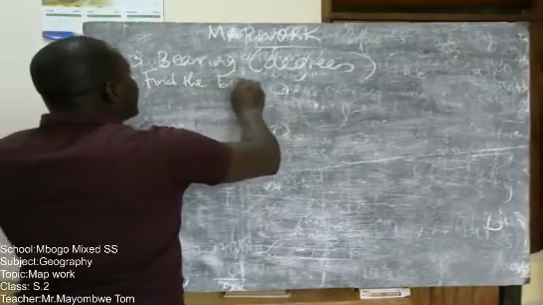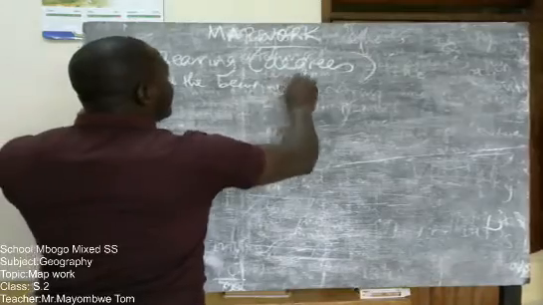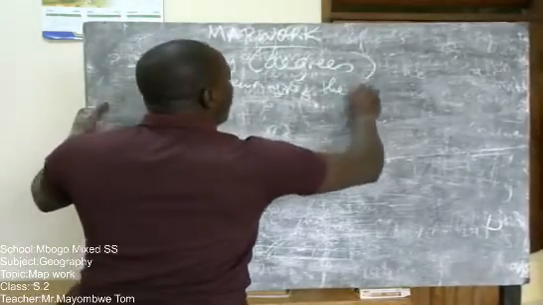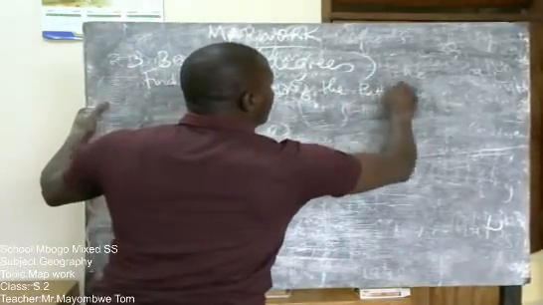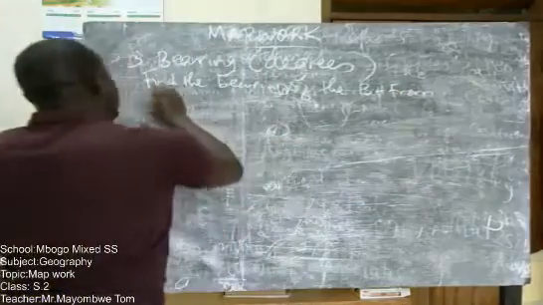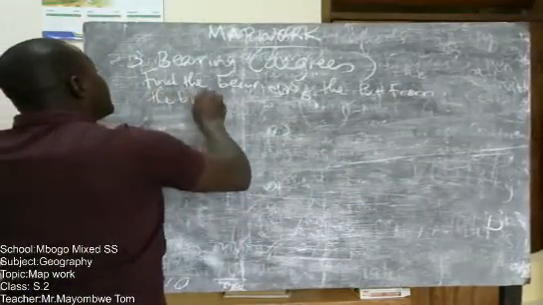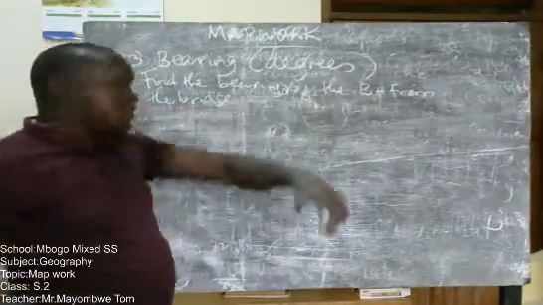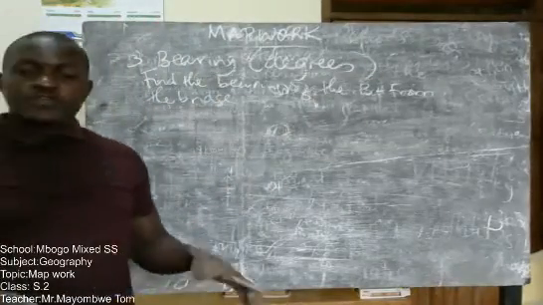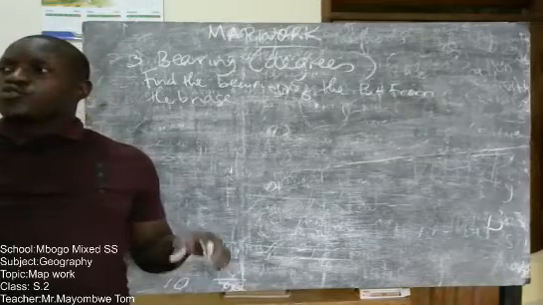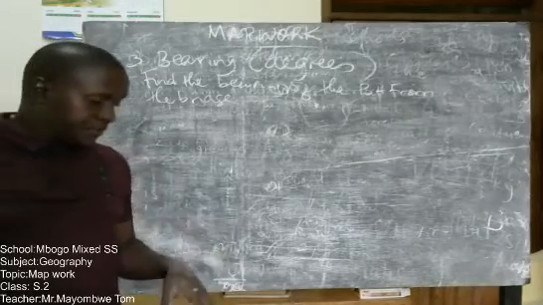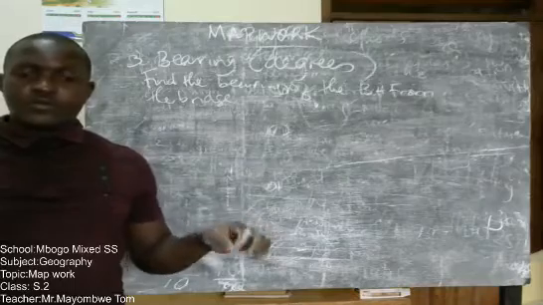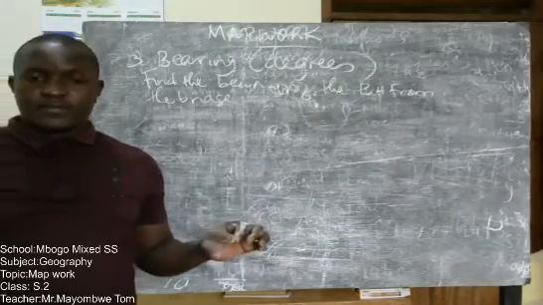the bearing of the borehole from the bridge. When a question is about finding the bearing of one place from another, you go on the map extract and look for those two places first.